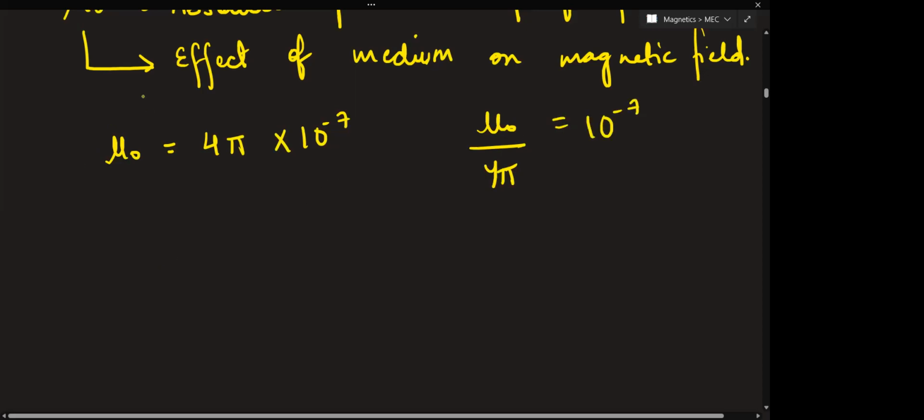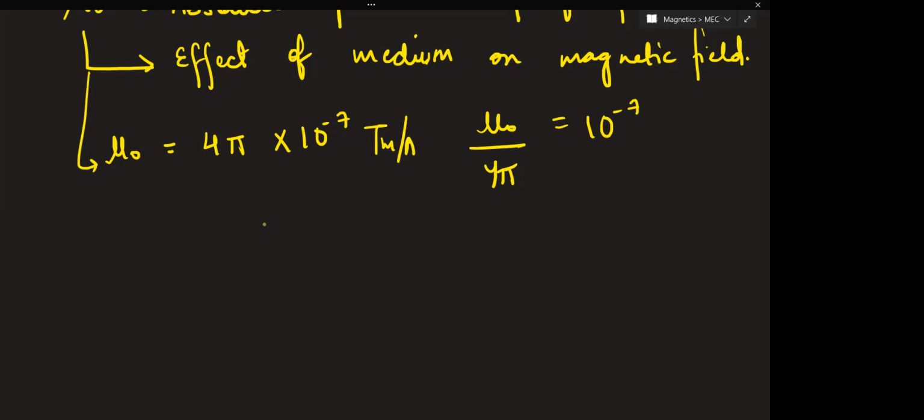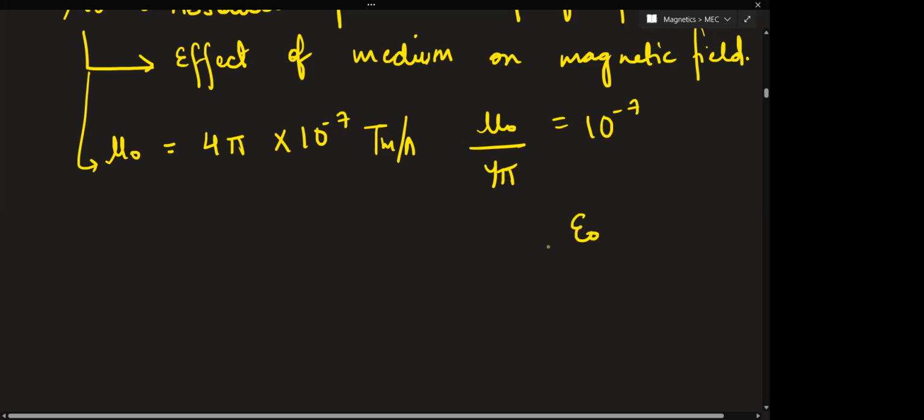So mu naught is 4 pi into 10 to the power minus 7 tesla meter per ampere, and it shows the effect of medium on magnetic field. Now, as we discussed, if any other medium or dielectric medium was kept, then we didn't use epsilon naught. Epsilon naught was specifically for free space.